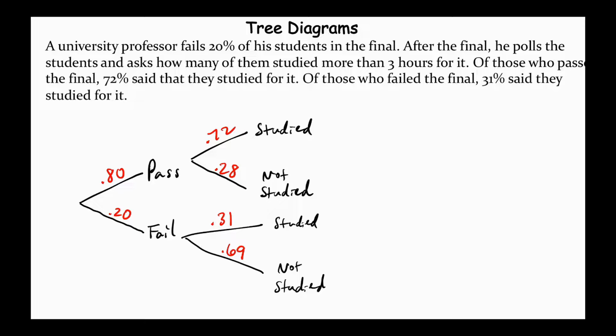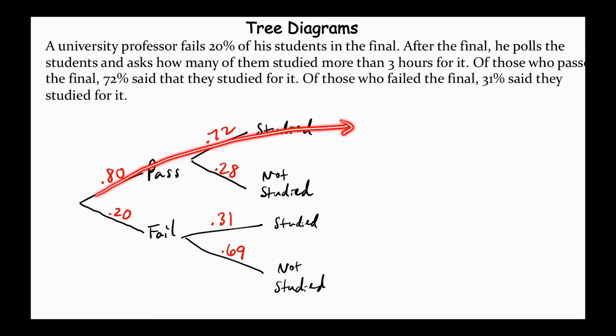Okay. So here we go. So we said there's how many different outcomes? 4. How many of those outcomes end with a student studying? 2. That's what we're going to focus on. We're going to focus on those stems where they studied. So those stems are right here.